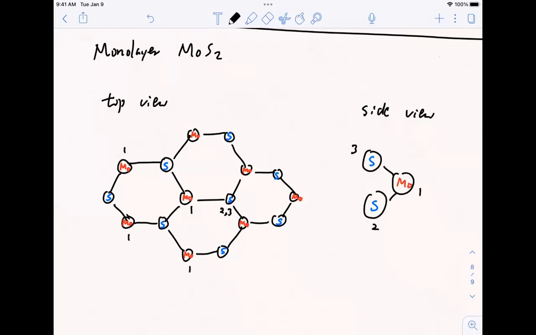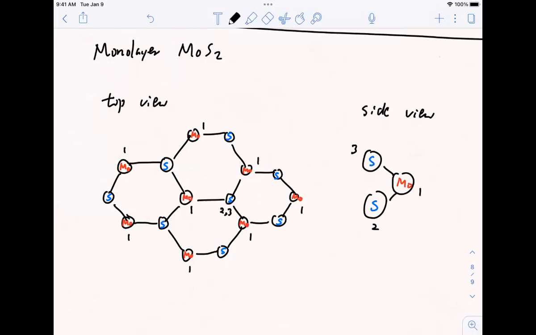Because in a phonon mode, all of these atoms in the unit cell move in the same direction because you preserve the periodicity. So all of these are going to move exactly in the same way, the same for the 2 and 3. Once you define the vector in one unit cell, you are going to have exactly the same displacement for all the atoms in all the unit cells.